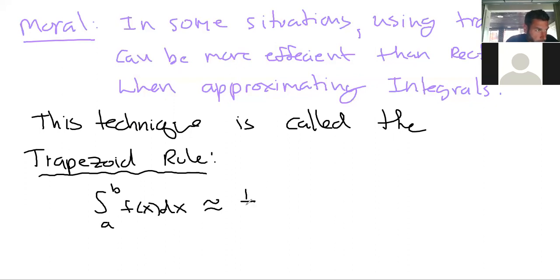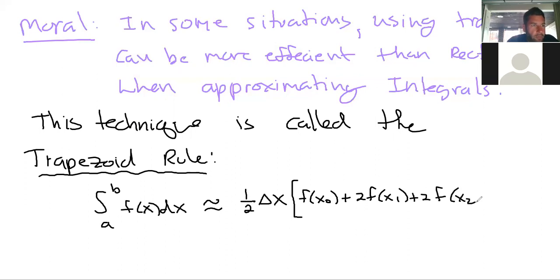We can write it as 1/2 delta x, and then it's f of x sub 0 plus 2 times f of x sub 1 plus 2 times f of x sub 2. And this pattern continues.